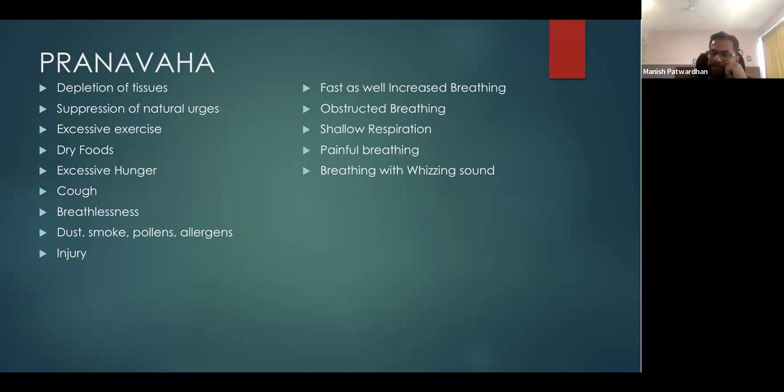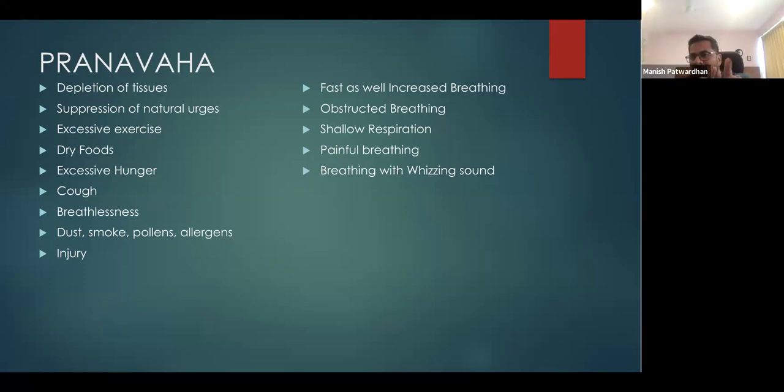Prana and Udana. Both of them function in opposite directions. So it is extremely important that their functioning happens smoothly.